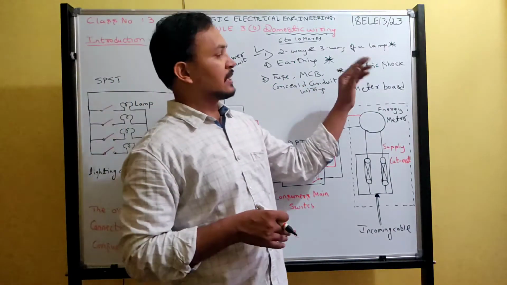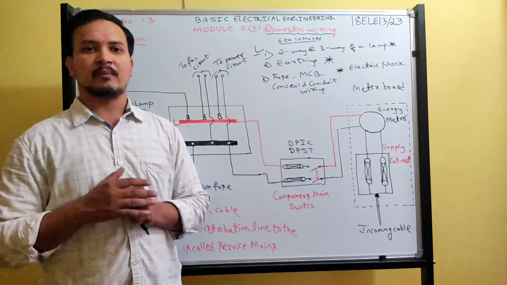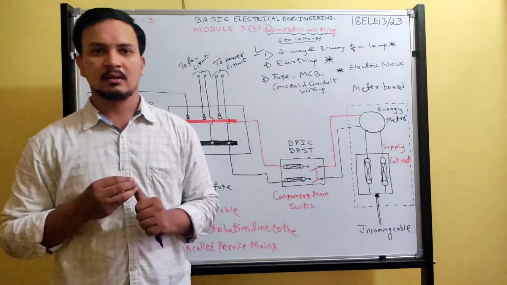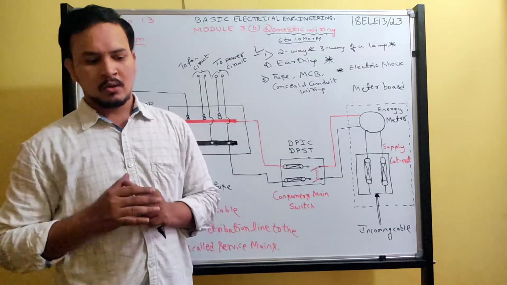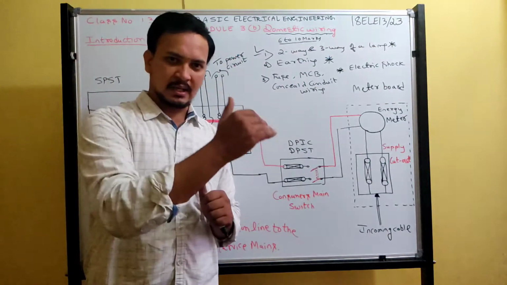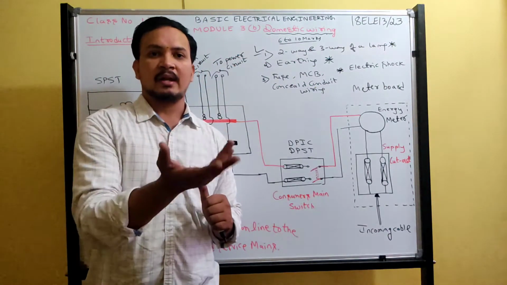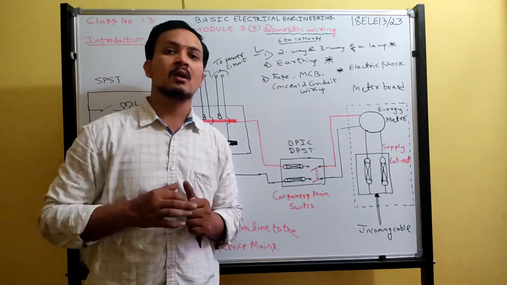Then the next part is electric shock. If a person touches the electrical supply with bare hands, definitely you will get a shock. Once the victim gets an electric shock, how do you protect the victim? What precautions can you take against electrical shock?